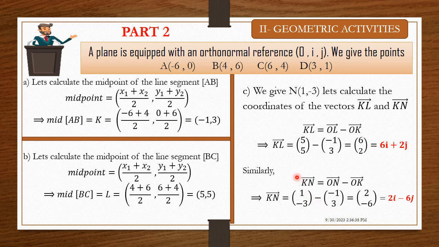Now how do we do this? 1 minus -1 is 2, and then -3 minus 3 is -6. So we have 2i minus 6j. This is the end of the solution to the C part of this problem.